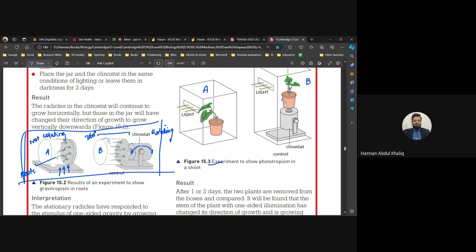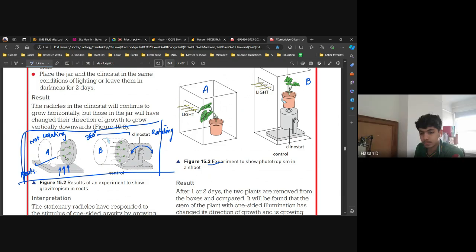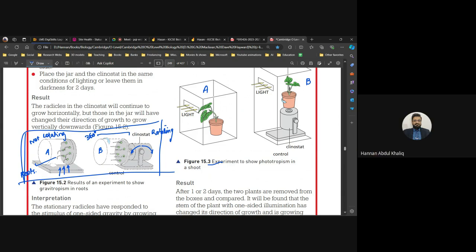And what are the consequences? What is the result of it? If it is distributing equally on all sides of the plant, then it would grow straight. Yes, it will be elongated. There is no bending in the plant.